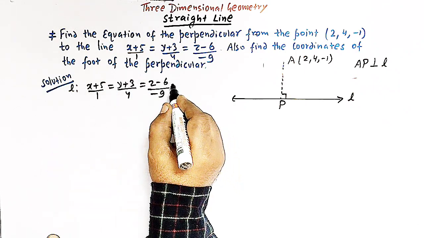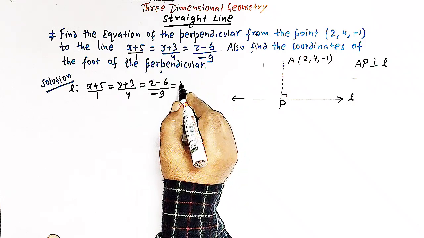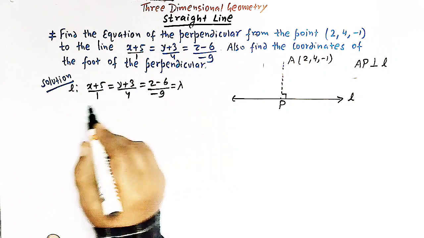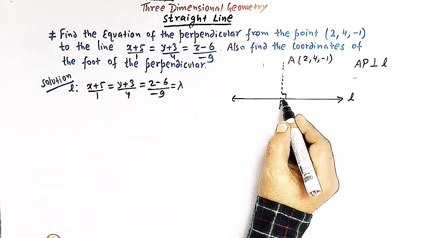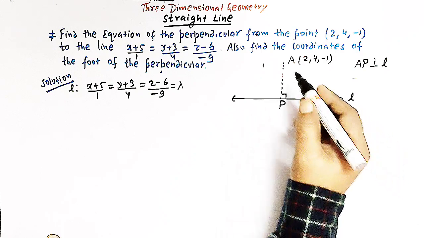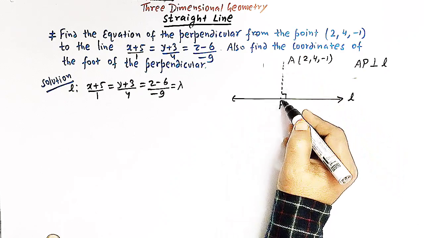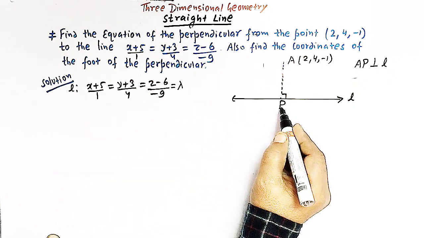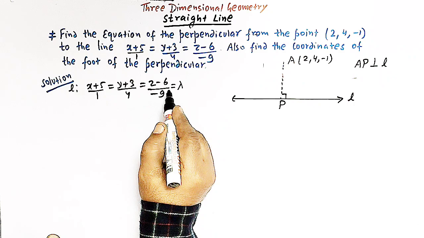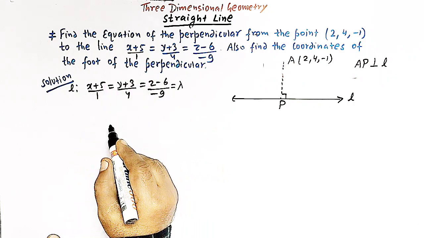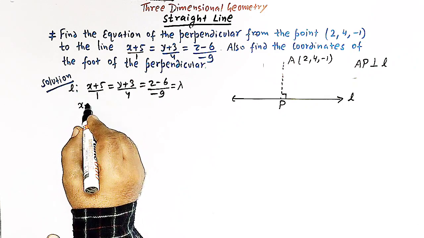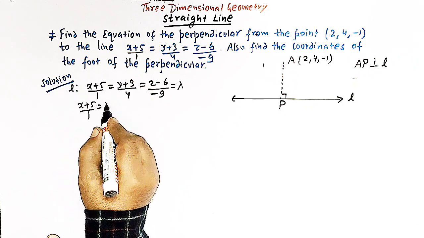So AP is perpendicular to this line L, and the equation of the line L is given by this equation, right? So let us take a scalar lambda here. The purpose of taking this lambda is to find the coordinates of this point P, which lies on this line L and this line AP. The coordinates of P may be obtained from the concept of a general point on a line. So we can now write (x plus 5)/1 = lambda.